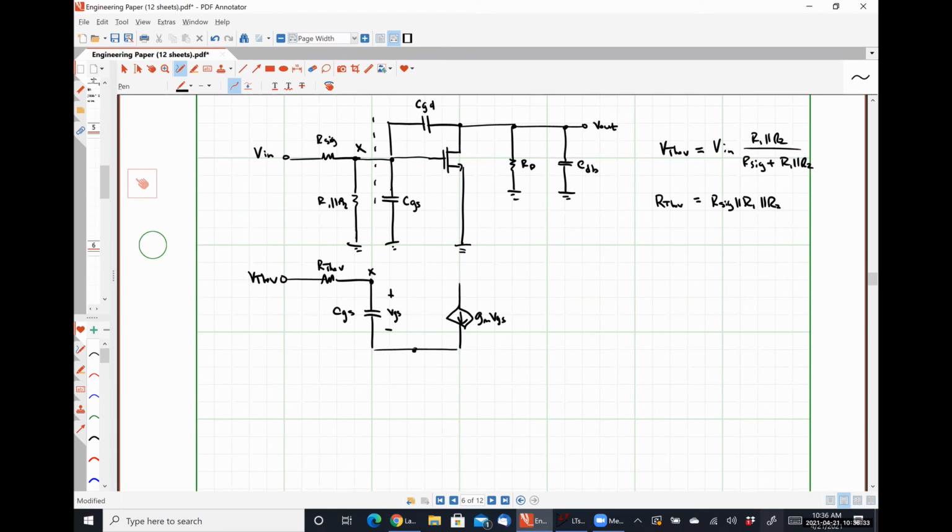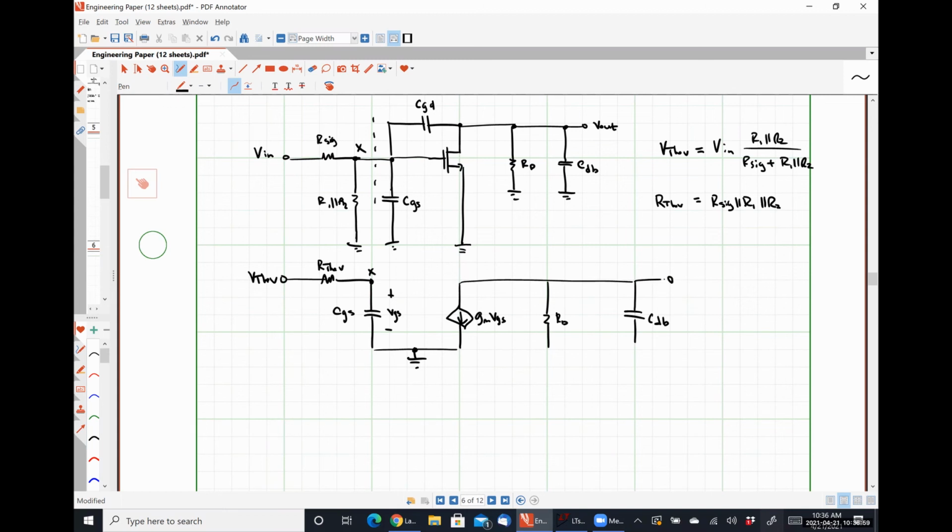Sorry. Here is my source, so that's at ground. In parallel with my current source, I have some resistance RD. In parallel with that, I have, sorry, this should be a capacitance, CDB.